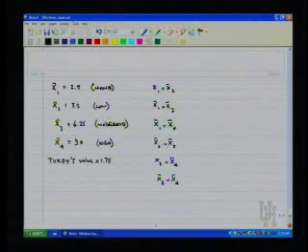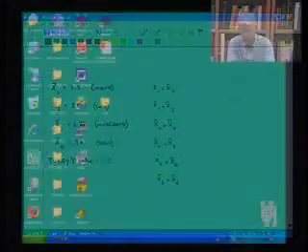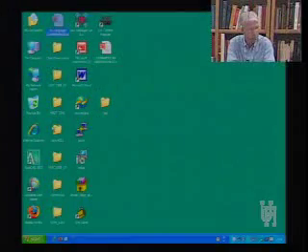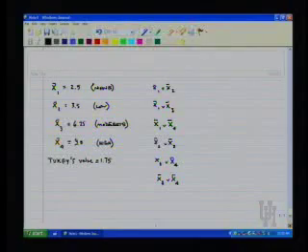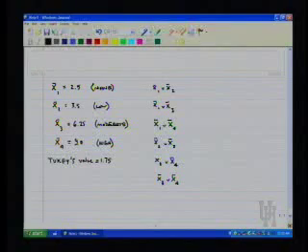I have identified here x bar 1, x bar 2, x bar 3, and x bar 4, the means of each of the four groups. And I've further operationalized what these groups watched.